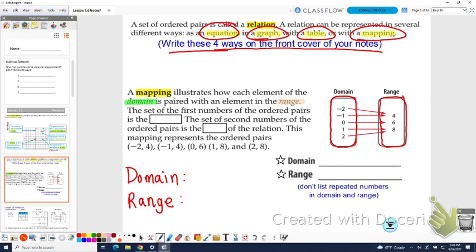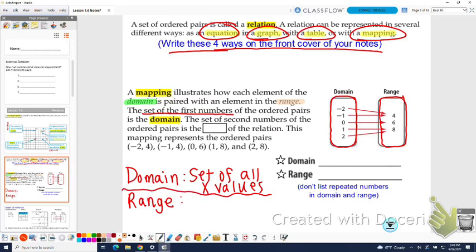So up here in the paragraph, it says that the set of first numbers in the ordered pairs, that is called the domain. So these are all the x values. And then the second set of numbers in the ordered pairs is called the range. So those are the y values.